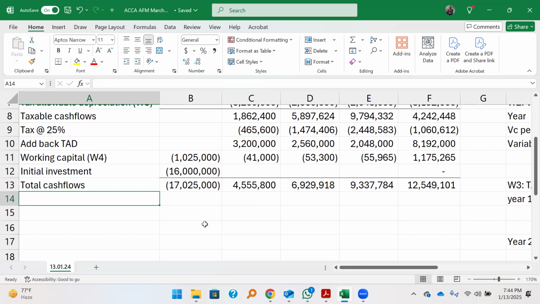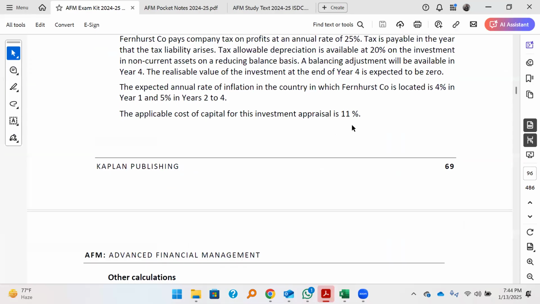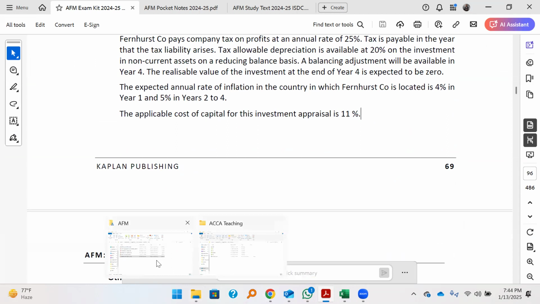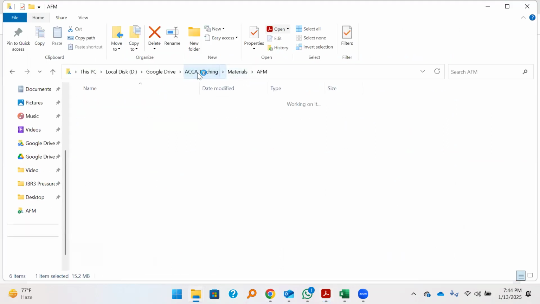So the first way would be to get a discount factor. And the discount factor, they told us that we are going to use 11%. Now, when you are given 11%, then you can actually get to the tables and get 11% discount factors. So let me just get the tables.